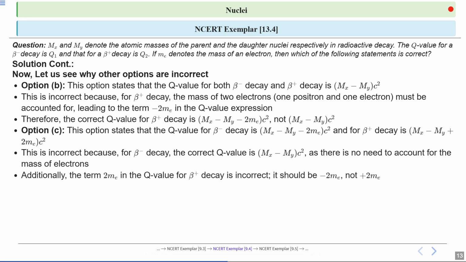Additionally, the term 2Me in the Q value of beta positive decay is incorrect. It should be minus 2Me, not positive 2Me. So in beta minus decay, Q1 equal to Mx minus My C square, and in beta positive decay, Q2 is equal to Mx minus My minus 2Me C square.